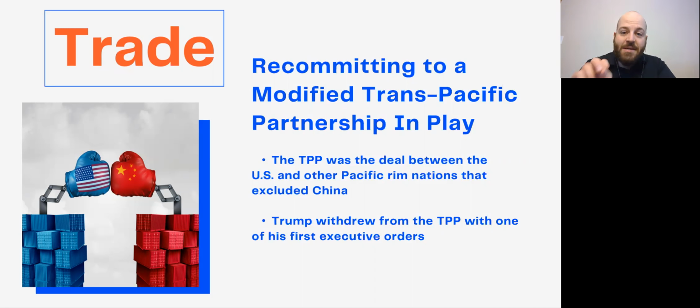Well, the TPP is not a trade deal with China. That's the big key here. The TPP is actually a deal between the U.S. and other Pacific Rim nations other than China. And why that might be important is that making a free trade agreement with the nations that surround China, or are its next door neighbors, but not China, can help you exert some influence in the economic region, right?